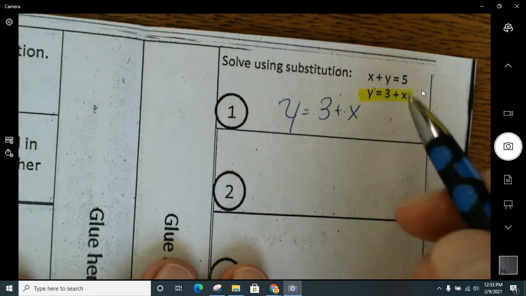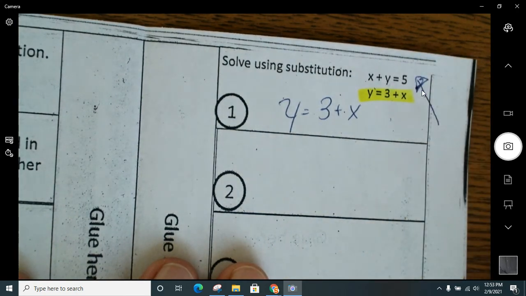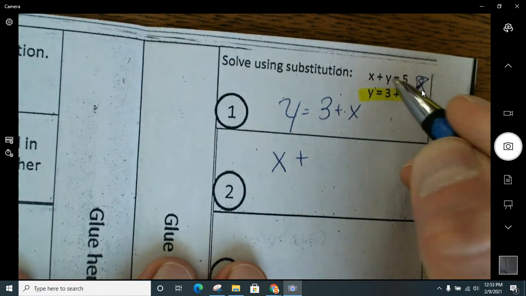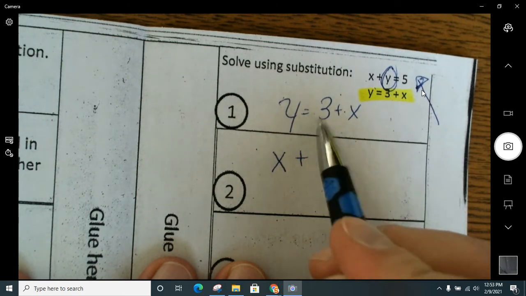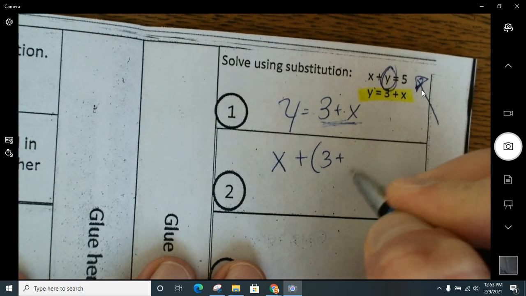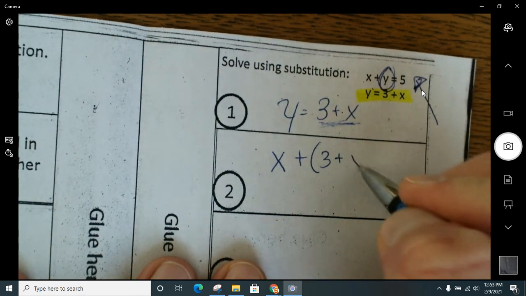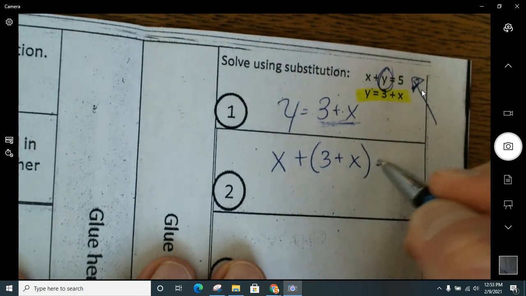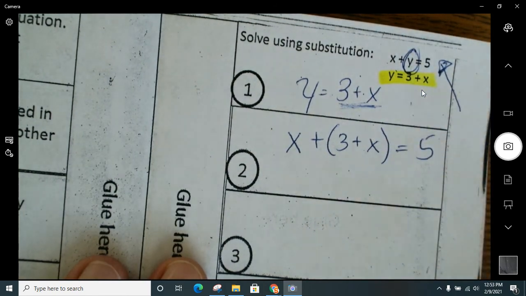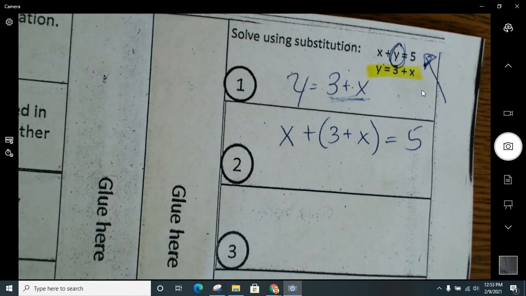We're going to take where we see that y equals 3 plus x, we're going to take our other equation that we haven't touched yet, x plus y equals 5, except when I get to y, I'm going to replace it with that 3 plus x, because I see that y equals 3 plus x. So let's go ahead and put that in there. And that equals 5. So bing, bada, boom. Now hopefully we can see we have that first equation, except we substituted for y 3 plus x.